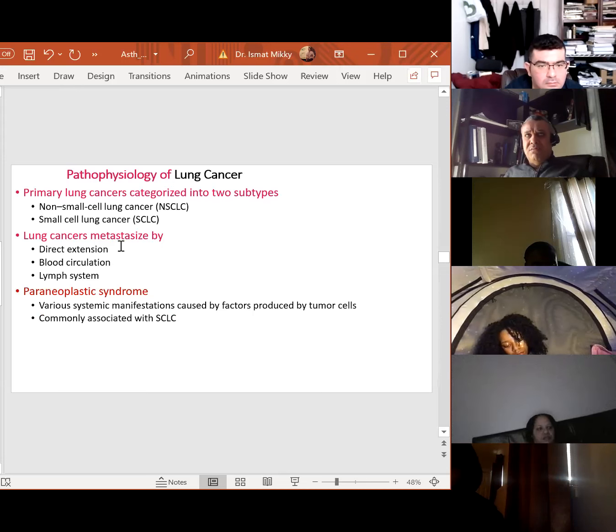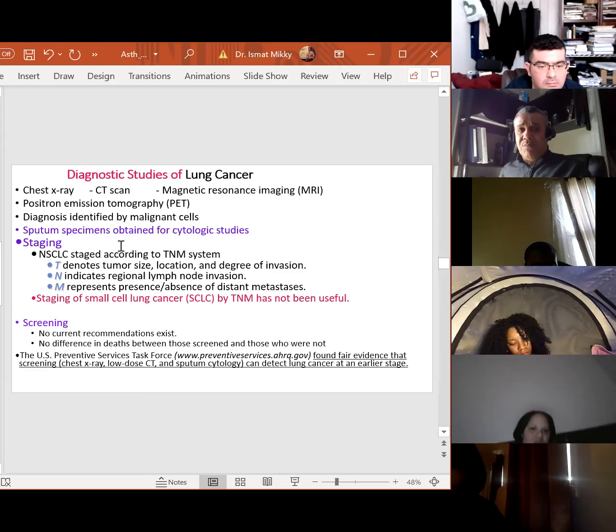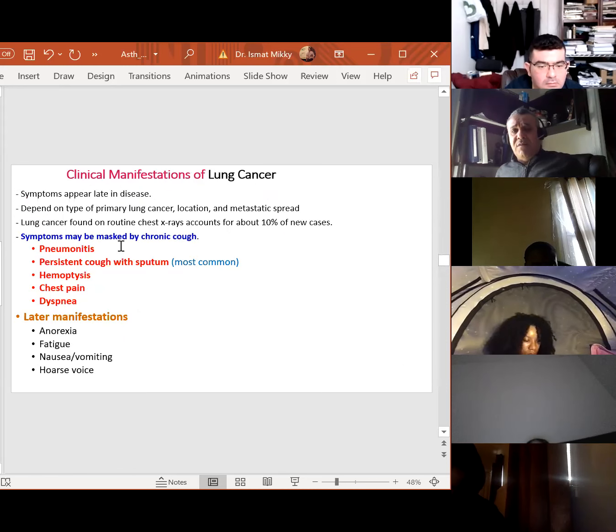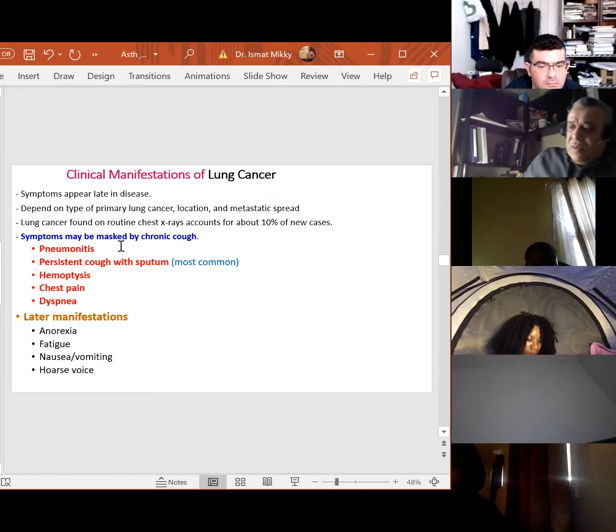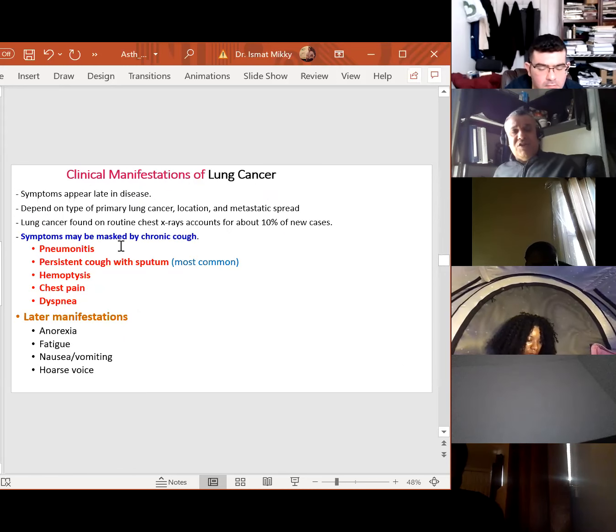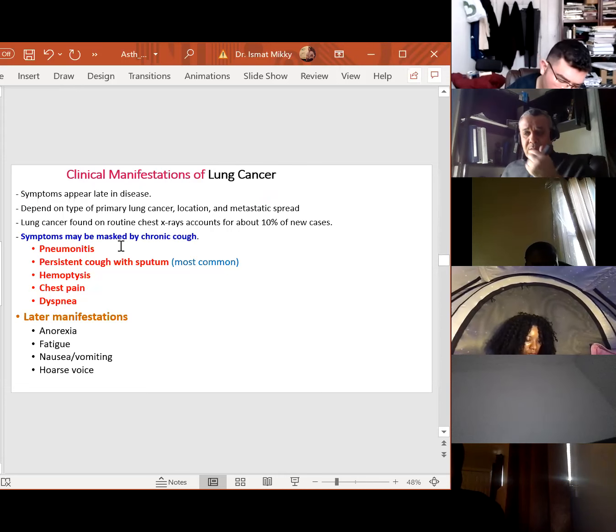These are the most known organs or tissues to which lung cancer may metastasize. So again: liver, brain, bones, and adrenal glands.